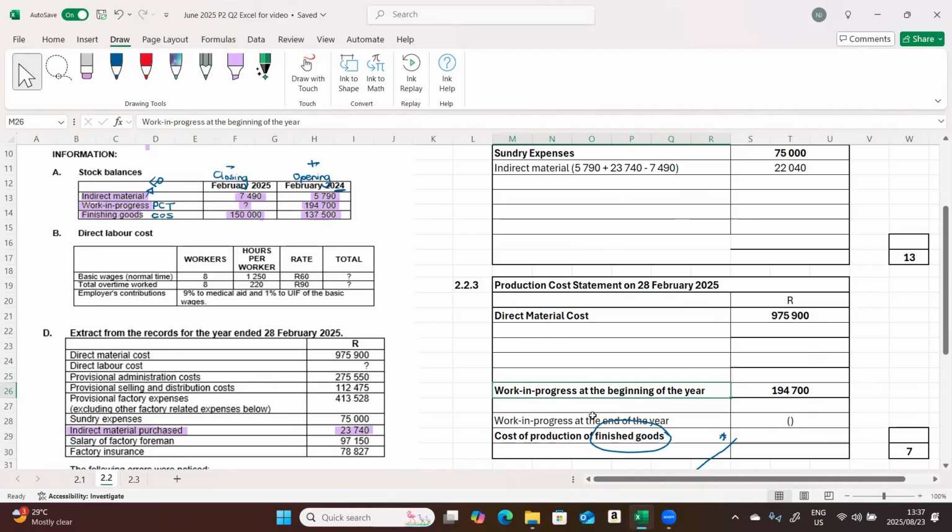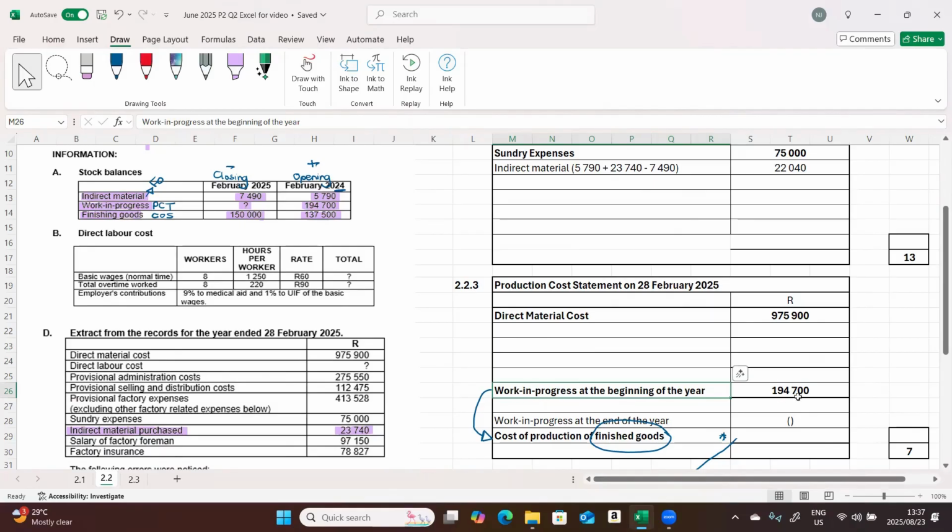Can you see? So we work on the concept that the work in progress, the golf shirts that we started at the end of last year, that we couldn't complete, that we just moved over to this year, is the work in progress that we have to complete this year.